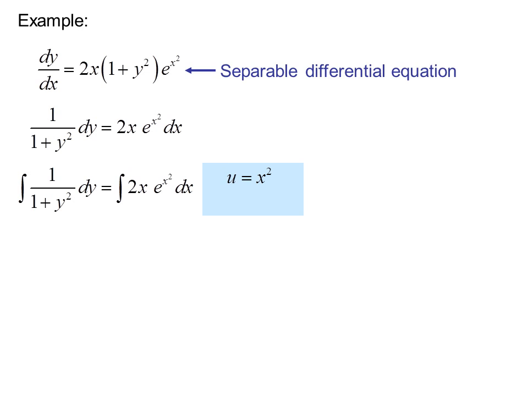On the right side, we'll let u equal x squared, so du equals 2x dx, so we can integrate by substitution. On the left side, there's a formula we recognize.